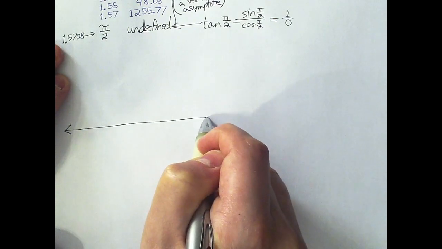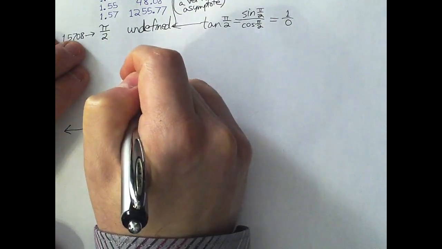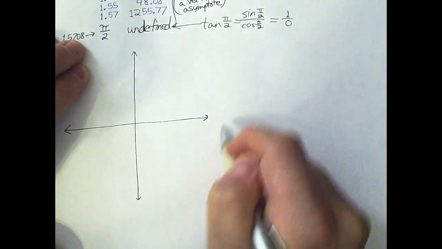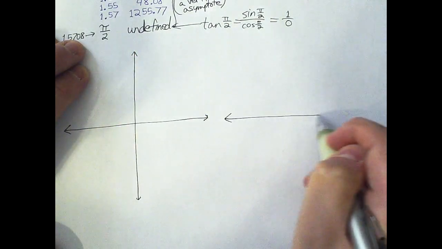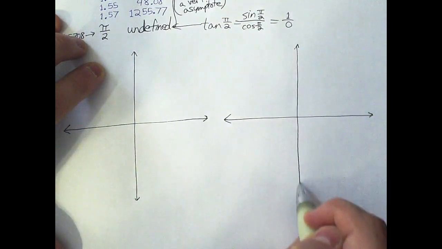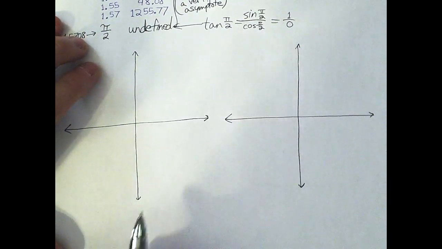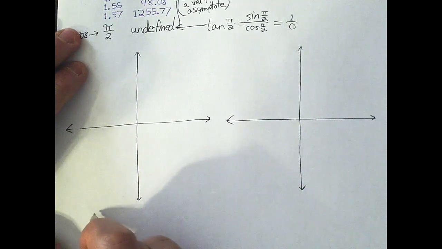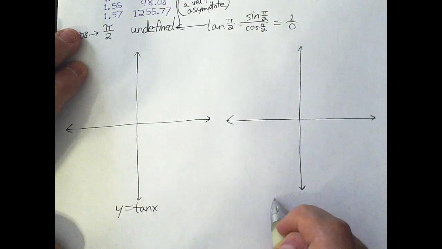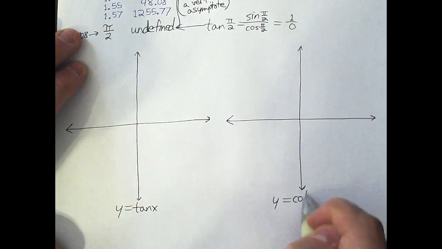And for cotangent, we're not going to go through all the work of making a table. Here's what we'll do. We'll just set up both. So this is going to be the graph of y equals tan x. And over here, we'll do y equals cotangent x.